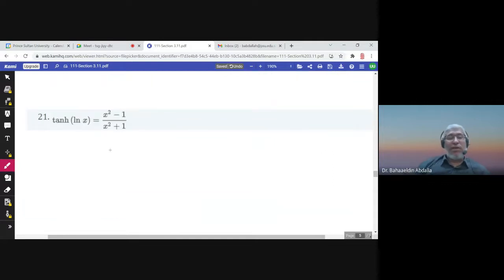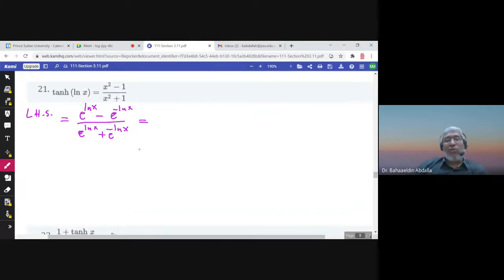Another identity. I'll start also by the left-hand side. Write the definition of hyperbolic tan. You remember it is e to the power x minus e to the power negative x over e to the power x plus e to the power negative x, but here I have ln x, so e to the power ln x minus e to the power negative ln x over e to the power ln x plus e to the power negative ln x. Well, e cancels with ln. Here I can't, so I will take the negative sign up. Here cancels, here I can't, so I'll take the negative sign up.